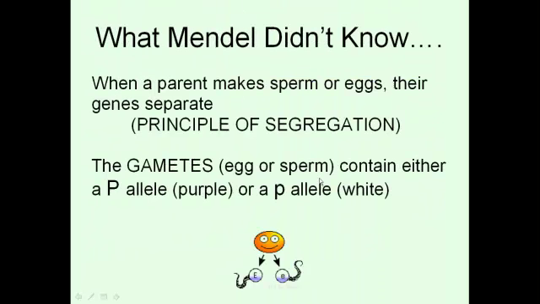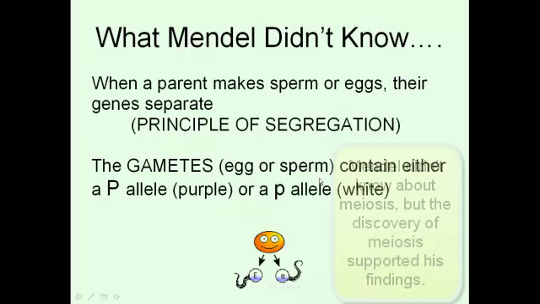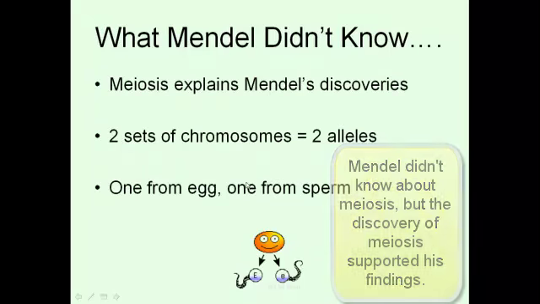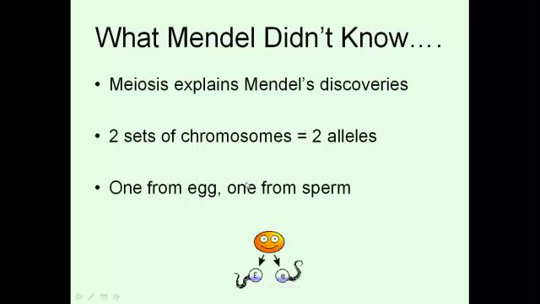And what we know now is that when a parent makes sperm or eggs, their genes are going to separate. And we talked about this during meiosis, where you start out with 2 of each chromosome, and by the end you only have 1 of each chromosome. So experiments on meiosis explained the discoveries that Mendel did. And the reason that every organism has 2 alleles for every gene is that there's 2 sets of chromosomes.